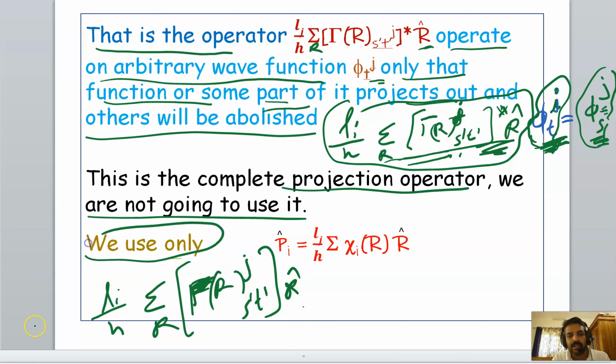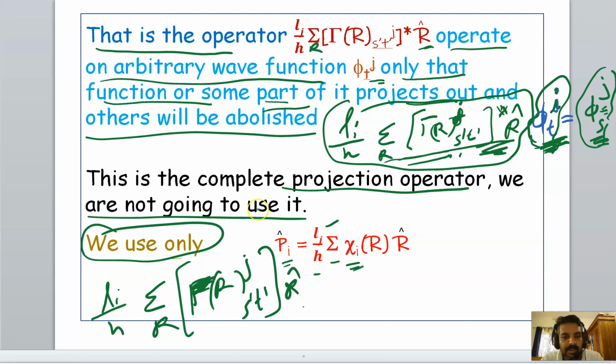We use only this operator, that is p cap I equal to Li divided by H sigma. For gamma we are using chi I, the character. We are using only the character because in our character table we are using only the character, not the complete matrix.